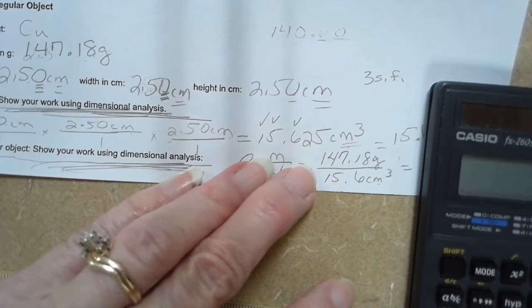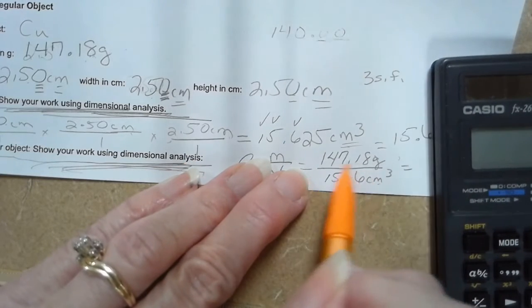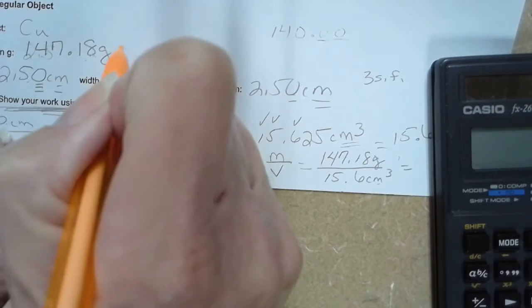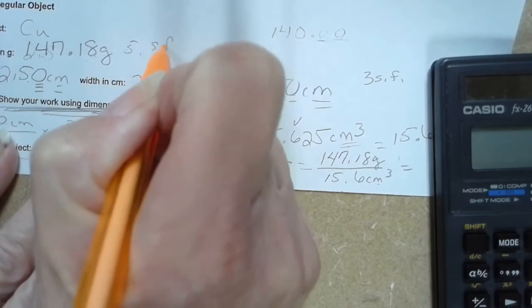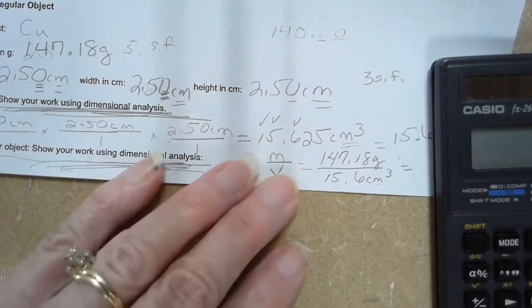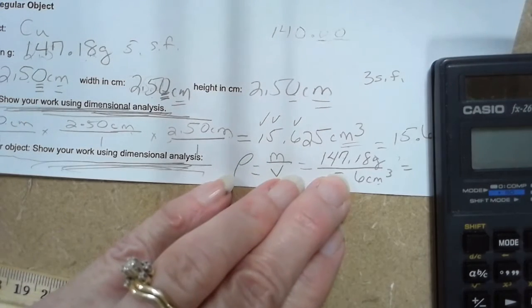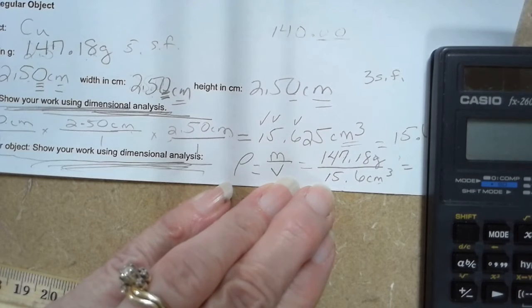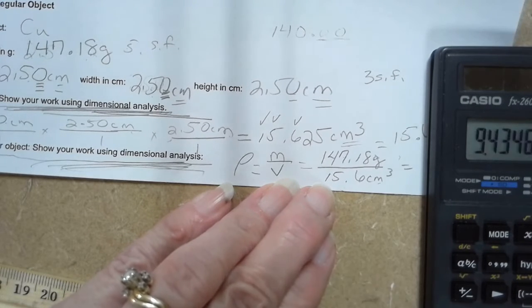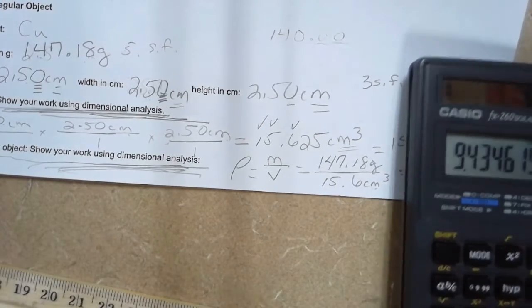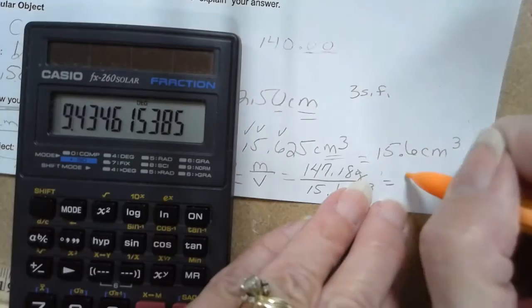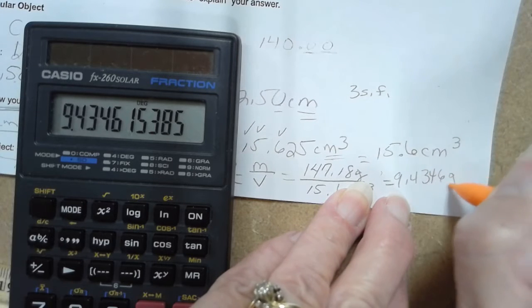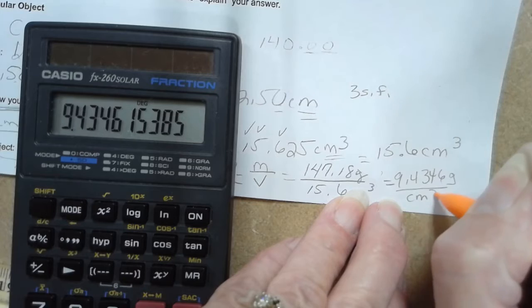This number has 5 significant figures. So 147.18 divided by 15.6 equals 9.4346 and so on, grams per centimeter cubed.